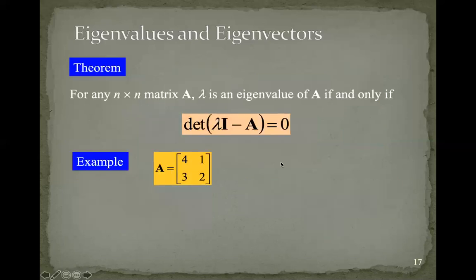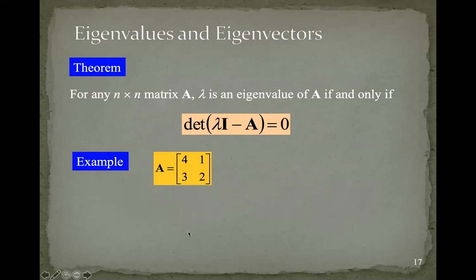Under the theorem, for any n by n matrix A, lambda is an eigenvalue of A if and only if the determinant of lambda multiplied by the identity matrix minus the matrix A is equal to 0.